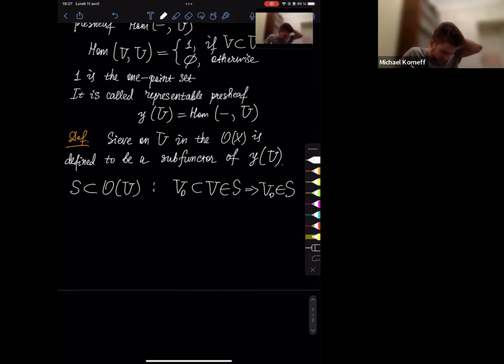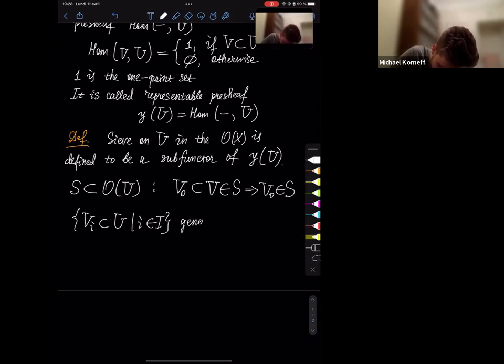And each indexed family Vi in U generates a sieve S on U in the following way.